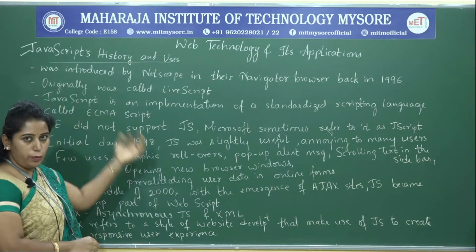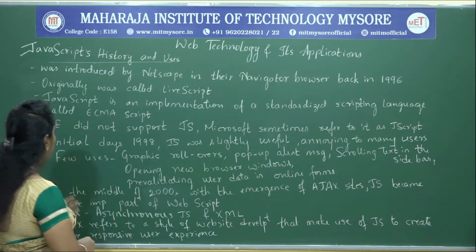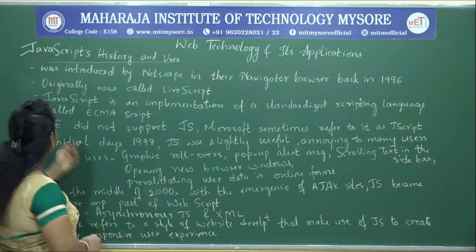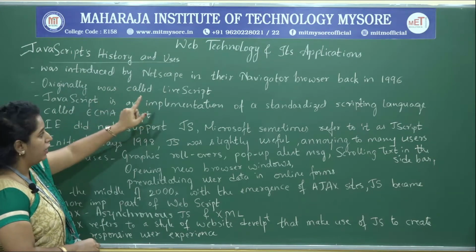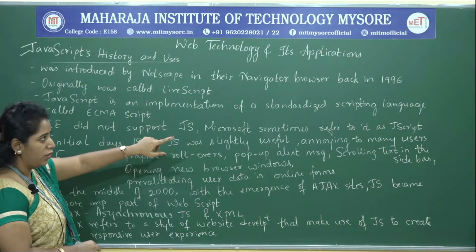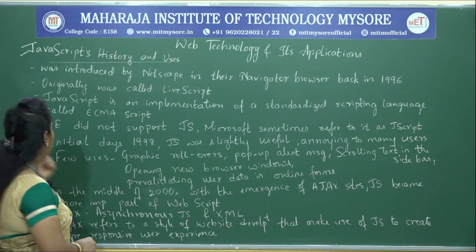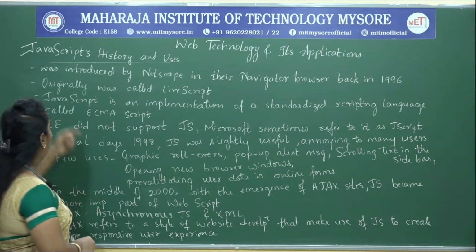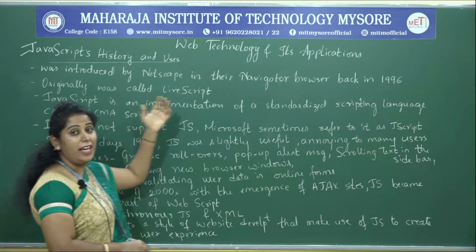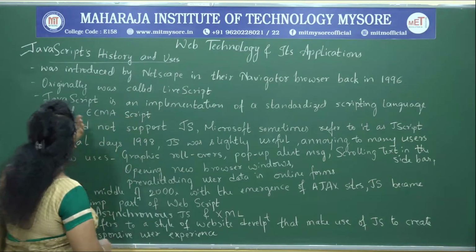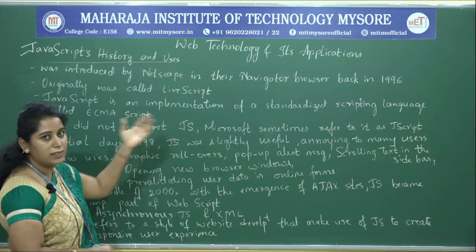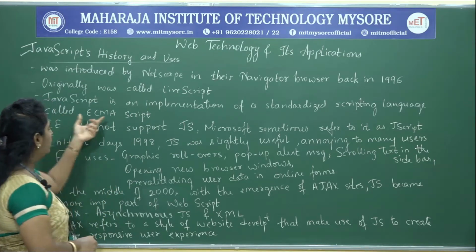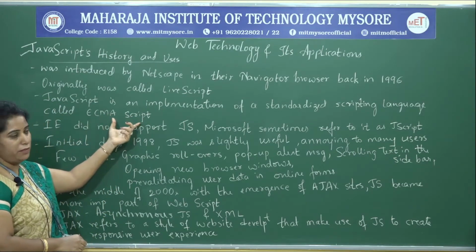I have listed a few points in order to understand better. JavaScript was introduced by Netscape in their Navigator browser back in 1996. Originally it was called LiveScript. JavaScript is an implementation of a standardized scripting language called ECMAScript.